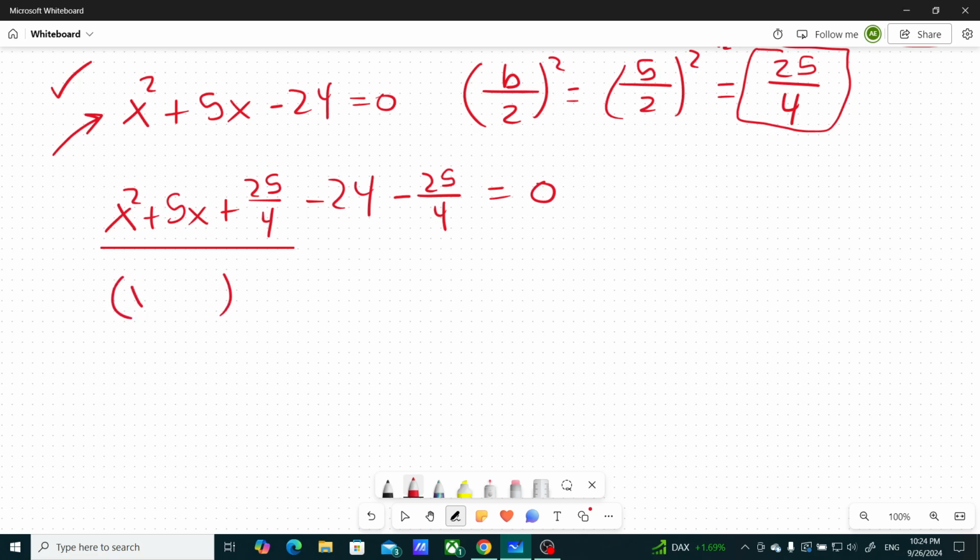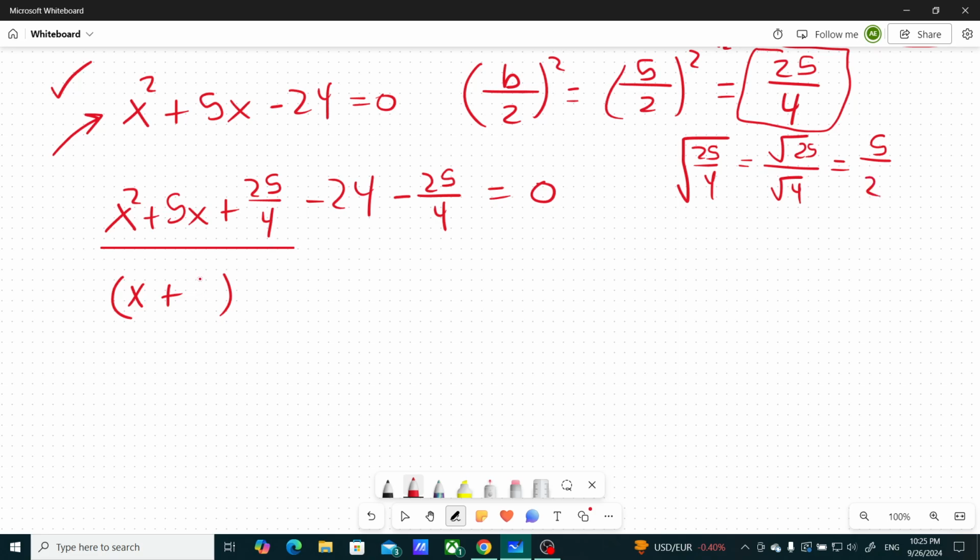It's square root of the first, so square root of x squared is x. I will copy the middle sign, in this case it's positive, and then square root of the last term, which is square root of 25 over 4, which is square root of 25 over square root of 4, which is 5 over 2.